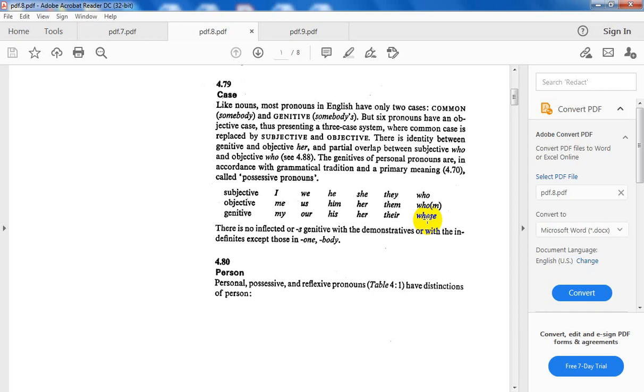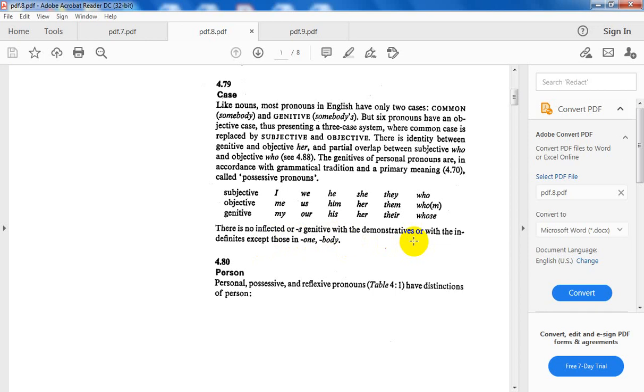So again, only these 6 pronouns have what is called a 3-case system. There is no inflected or 's genitive with the demonstratives. What are the demonstratives?